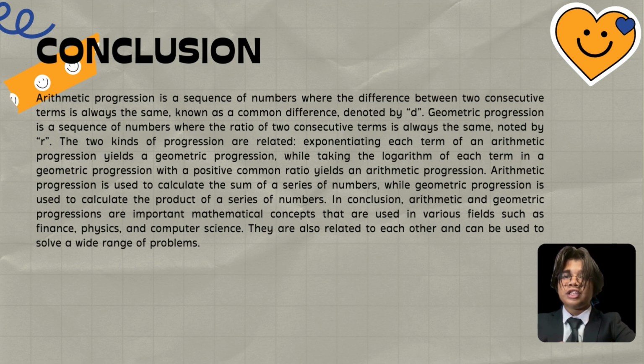Exponentiating each term of an arithmetic progression yields a geometric progression, while taking the logarithm of each term in a geometric progression with a positive common ratio yields an arithmetic progression. Arithmetic progression is used to calculate the sum of a series of numbers, while geometric progression is used to calculate the product of a series of numbers.